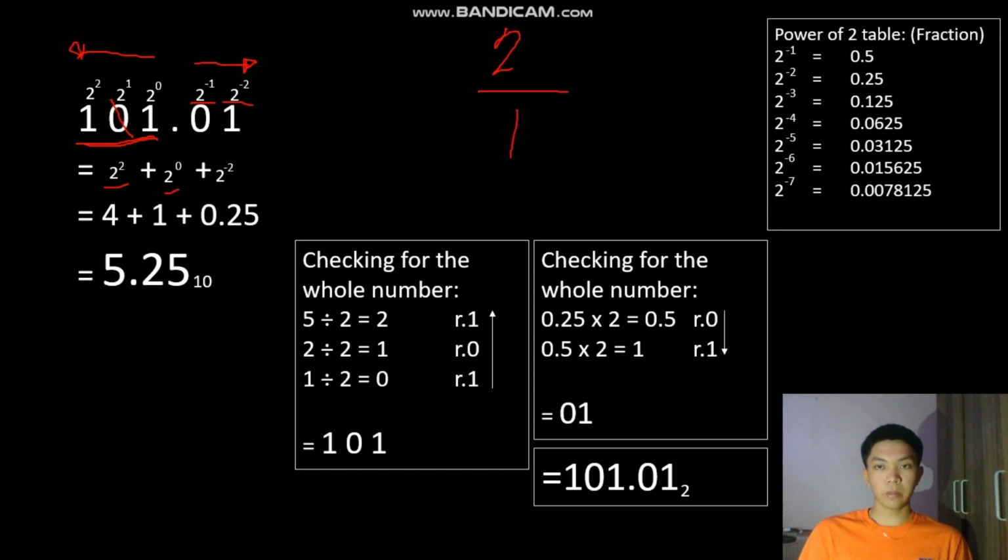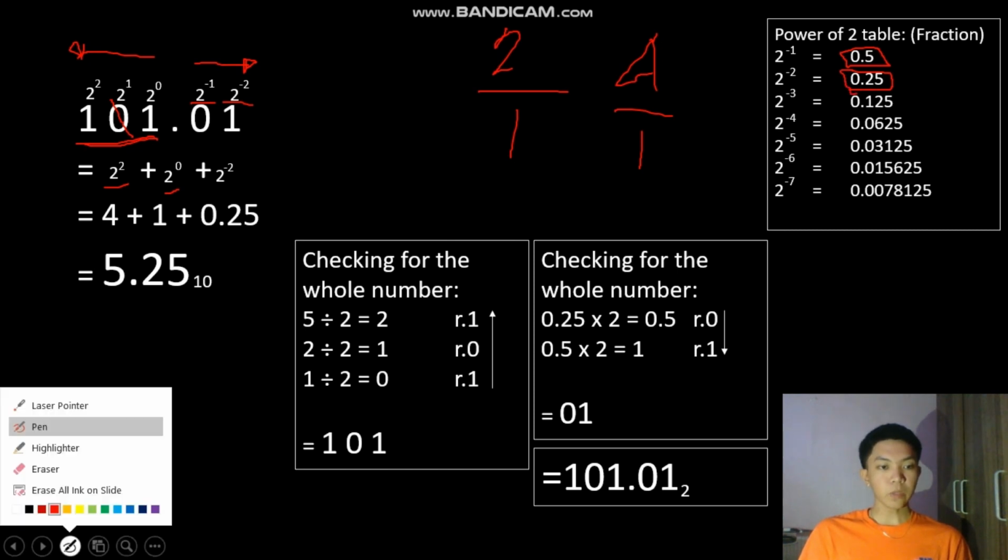So when you divide it, you will come up with this answer. If 2 raised to the power of negative 2, it will be 1 over 4. So this is the equivalent decimal number. So let's proceed.